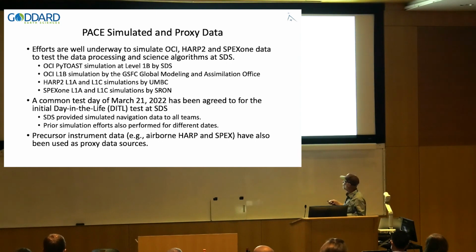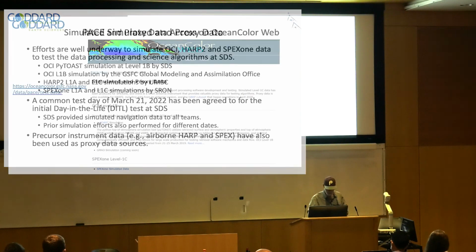There's also been extensive use of data from precursor instruments to test out the algorithm. For example, for the polarimeters, we have the airborne campaign for both HARP and SPEX, and also there's the HARP CubeSat and so on. I've used a number of different data sources for OCI as proxy data. So there's been a lot of work going on in this area.